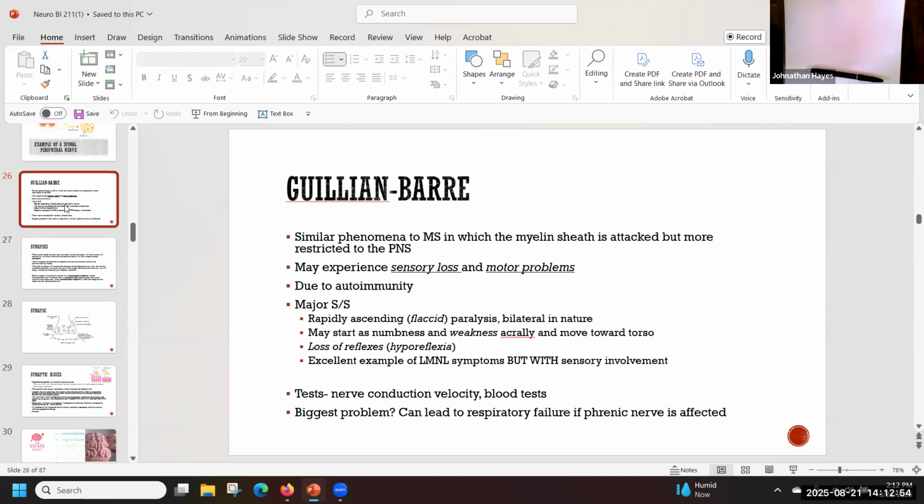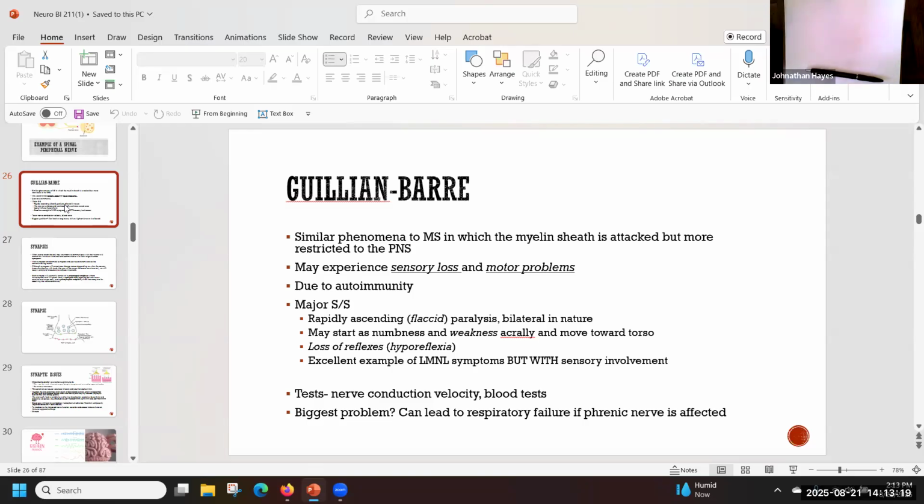Guillain-Barré tends to be a disease that would be similar in pathology to MS, but the location of what's being attacked is slightly different. So again, when we think about demyelinating diseases or myelin sheaths not functioning the way they're supposed to, imagine signals get lost.